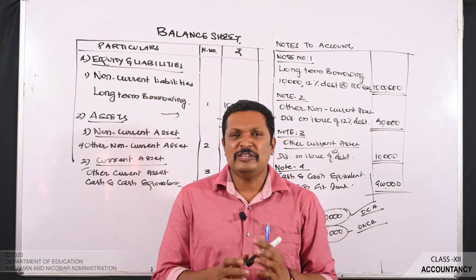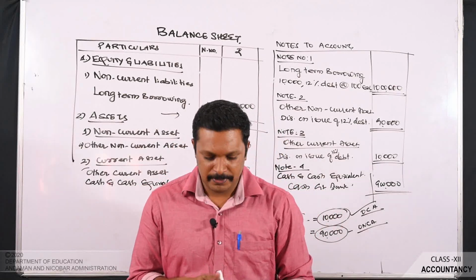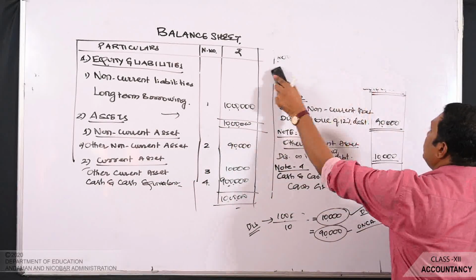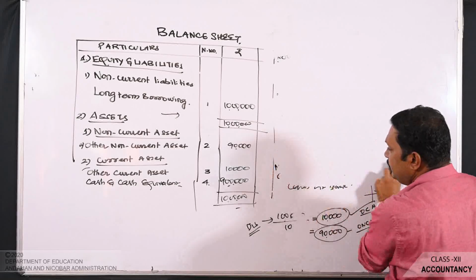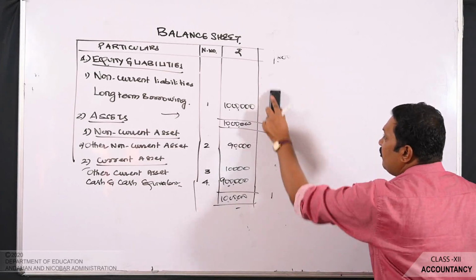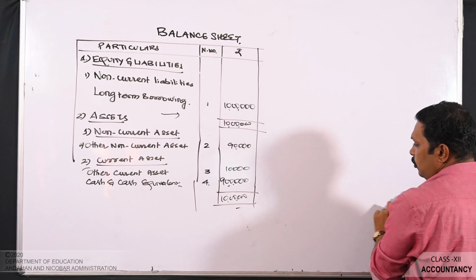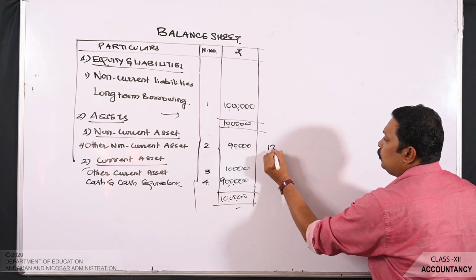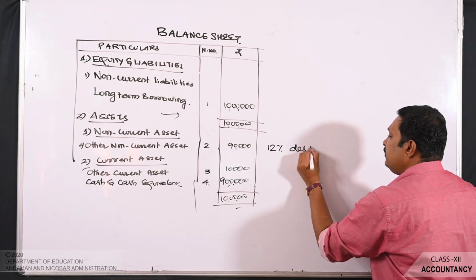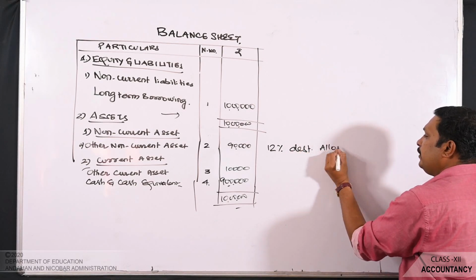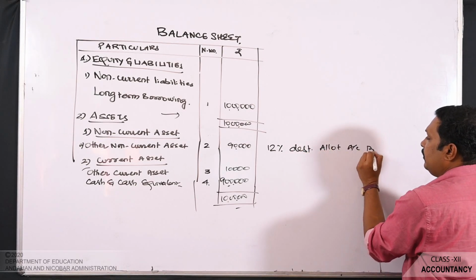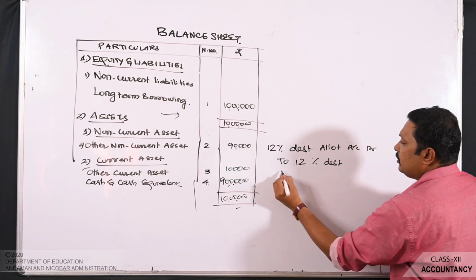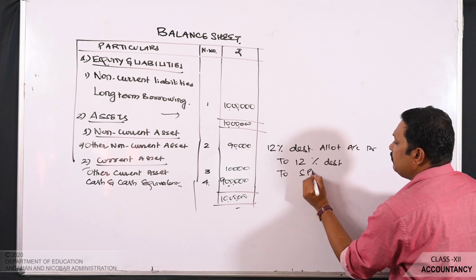Suppose in case of premium, how to pass the entry? If the same question is asked with premium, then how to pass the entry? Instead of debiting the discount account, you have to just credit the premium account. So the entry will be like that: 12% debenture allotment account debit to 12% debenture, to securities premium reserve.